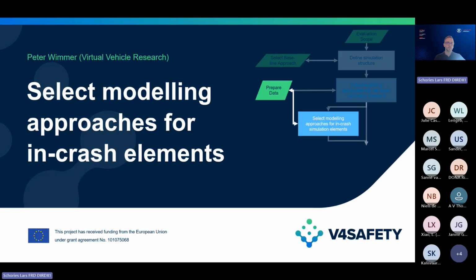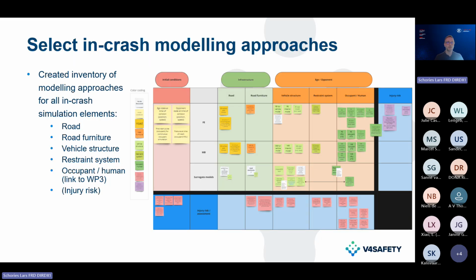Continuing with the in-crash elements, I think it's quite a short one, but it's also very necessary. We are not just considering whether accidents are avoided or not, but really talk about what kind of models exist. It's a lot, and just to name it, what was the history?